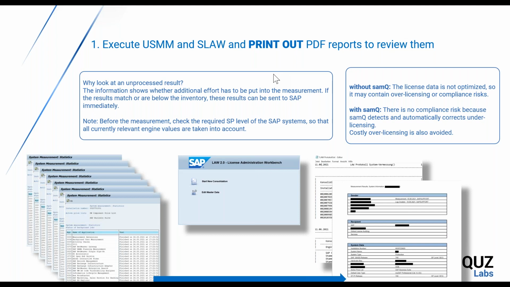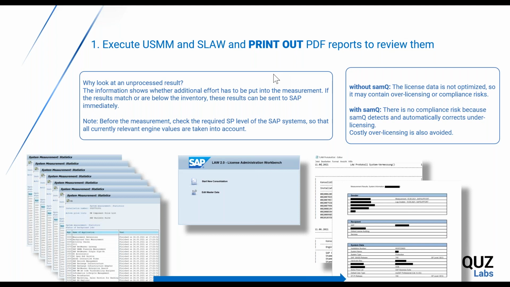And of course, the outcome of the USM and SLO are XML files. You can also get some TXT files, still hardly readable files. So there is an option to print out or to export PDF files that are readable and that will exactly show you what you will be sending to SAP.